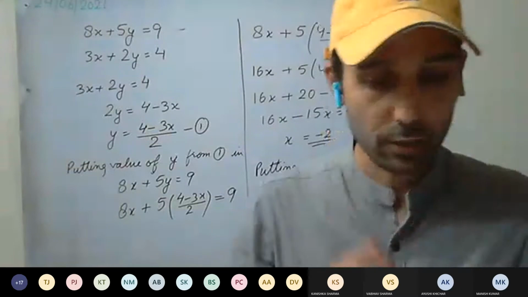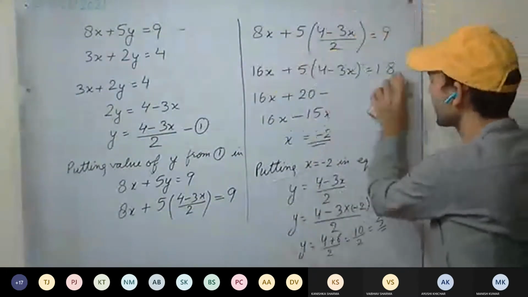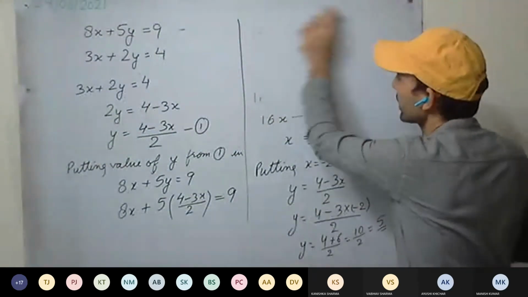So in the second one, see here. I'm writing the equation, and just look at the equation.